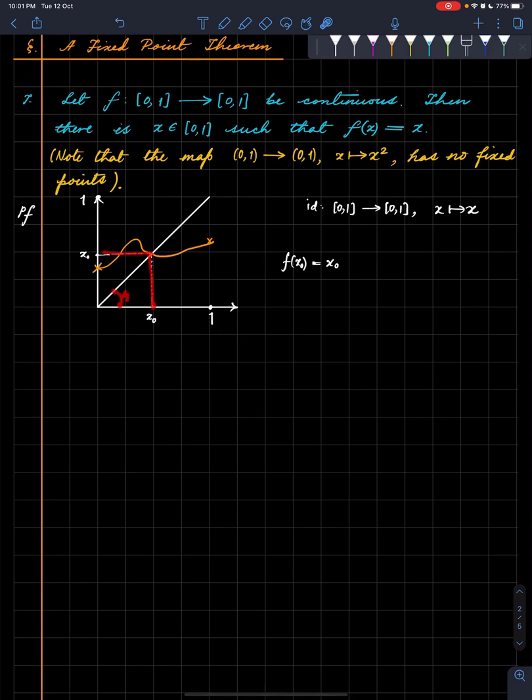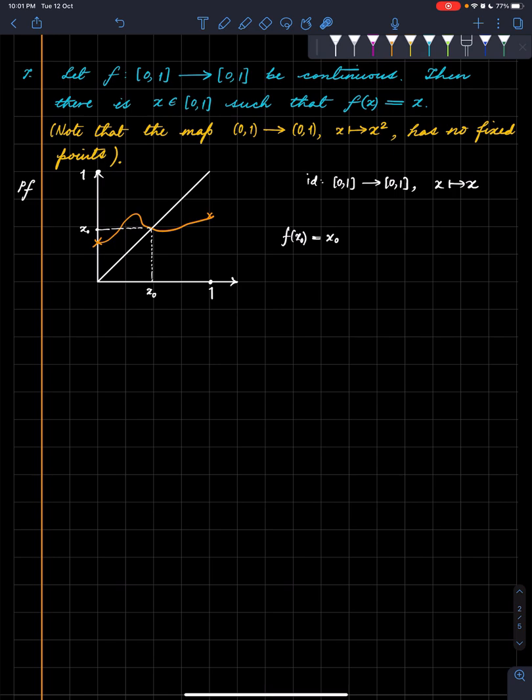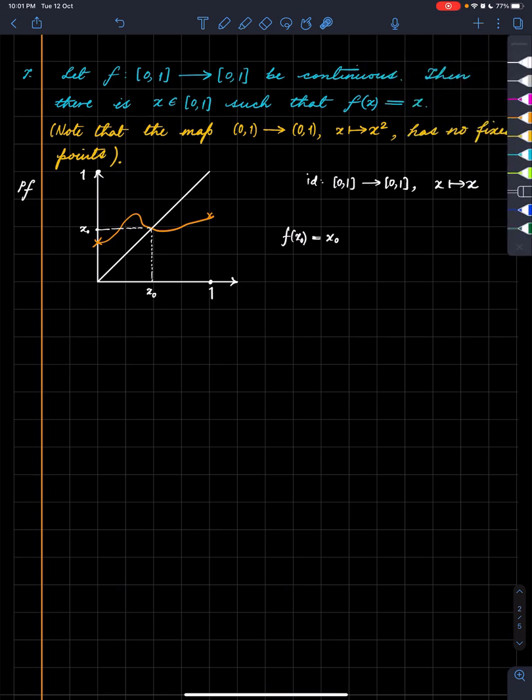This is a 45-degree line. So if this is x0, then that is x0. This is the main idea of the proof, and we'll have to express this properly. One can't just draw a picture and say that it's done. One has to write a formal proof. So here is a formal proof.